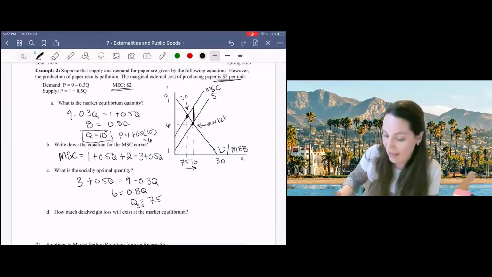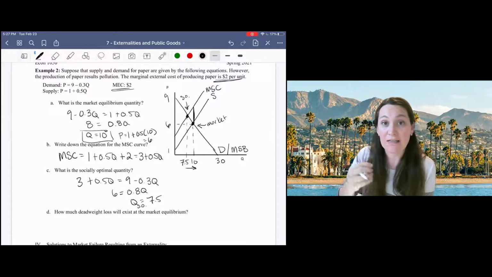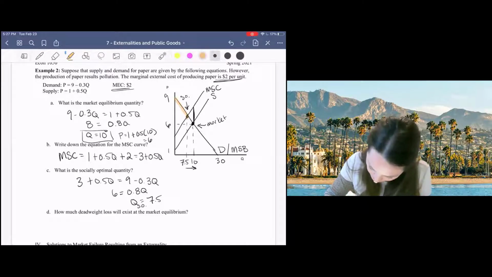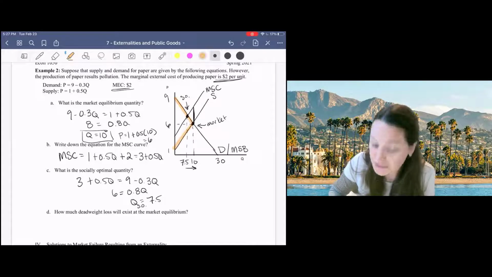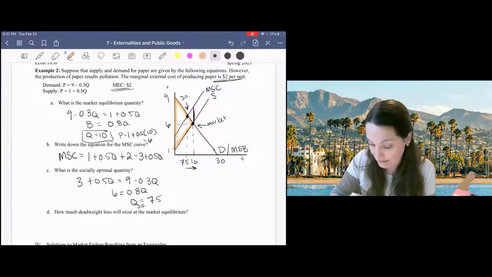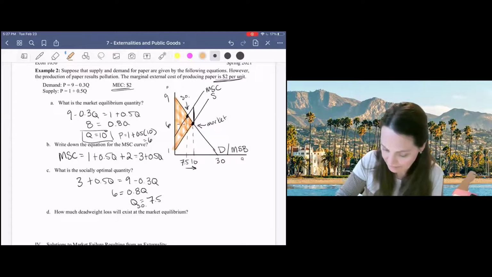So if I think about surplus at the market equilibrium, we'll have consumer and producer surplus, which again is maximized at the market equilibrium because that's where our private benefit to our consumers and producers is highest.